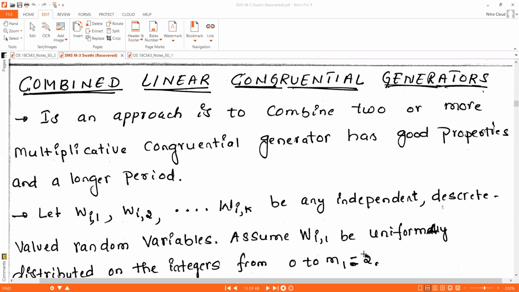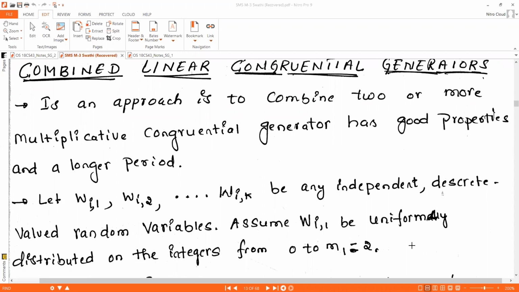Assume that Wi,1 is uniformly distributed on the integers from 0 to m1 minus 2. If it is a random number, it should follow the uniformity property as well as the independence property.